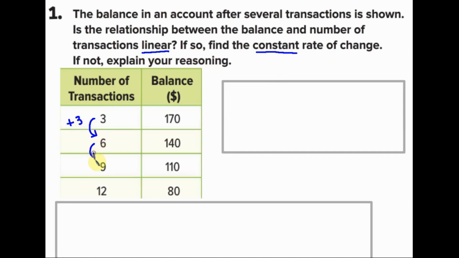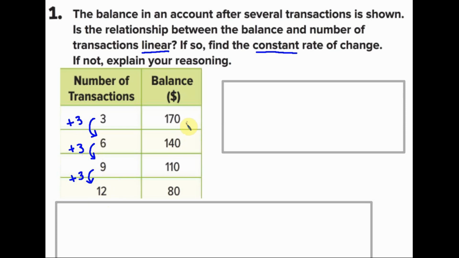From 6 to 9, also my number increased by 3. From 9 to 12. If you're having difficulty, think about it this way: 12 minus 9, the difference is 3, and that's how I know 9 plus 3 gives 12. For the balance side, I need to make sure that this right side is also constant.